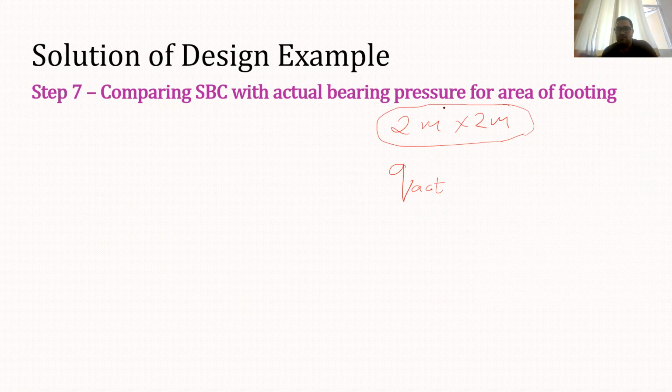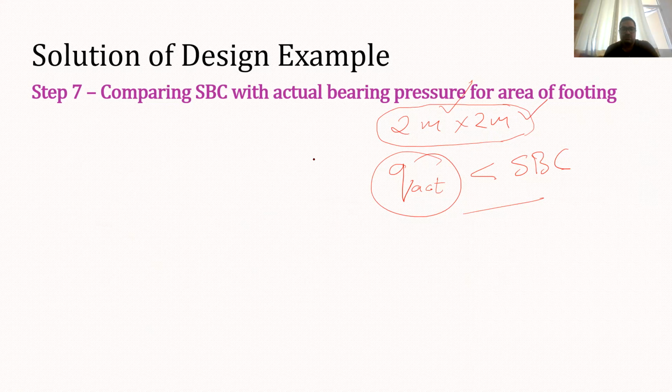And for this size of footing, if it is to be safe, then this value should be less than SBC. If this condition is satisfied, then we say that this footing size is safe. Otherwise, we have to revise it.